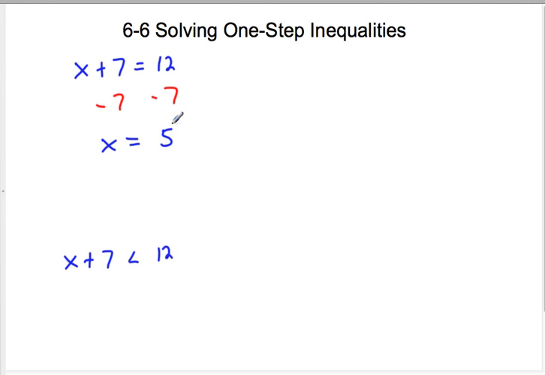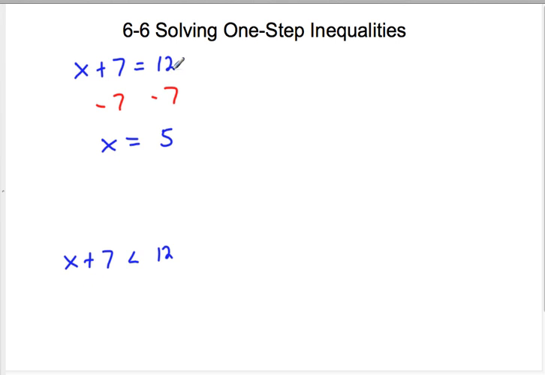Well, now that we know what an inequality is, we'll see that we can also solve inequalities. And they're done almost exactly the same way. For now, we're going to do them the exact same way. There's one thing that we need to learn in the future that will be slightly different, but we don't need to know it yet.